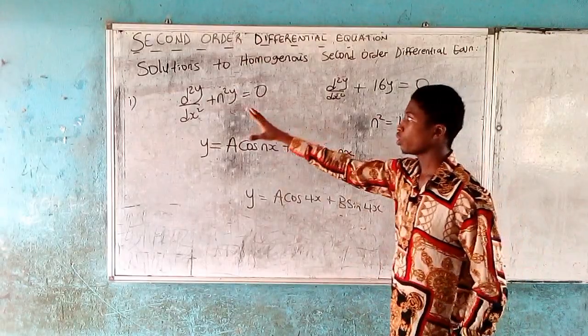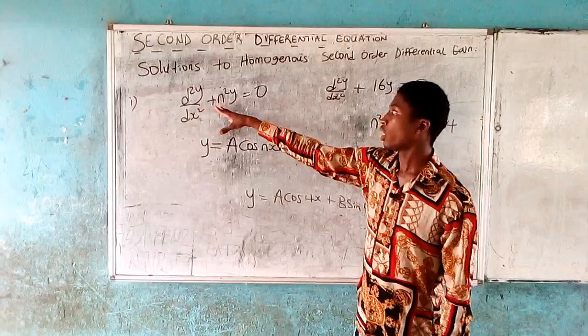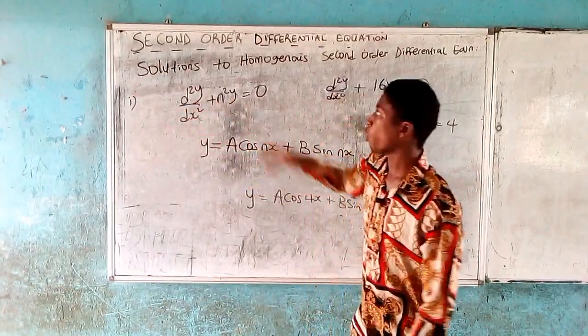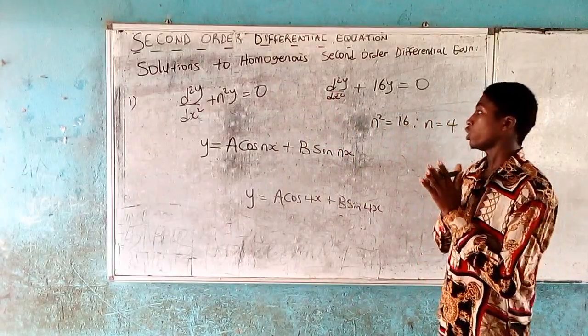For this type, we don't have the first order term, we only have the second order and the last term y. So this is the general solution for that kind of equation.